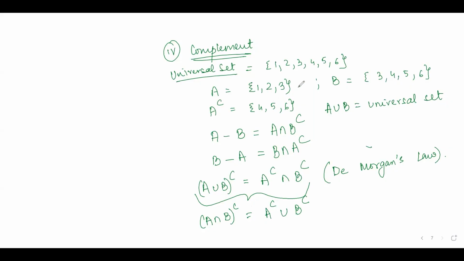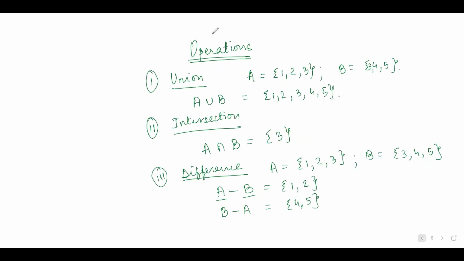A complement is 4, 5, 6. B complement is 1, 2. 1, 2, 4, 5, 6. A complement union B complement. Okay. So both of these are De Morgan's law, the relationship between intersection, union, and complement. So that's about the operations of set.